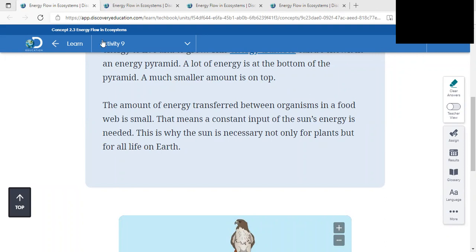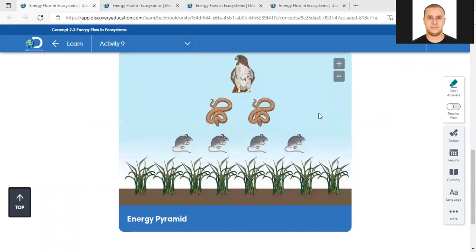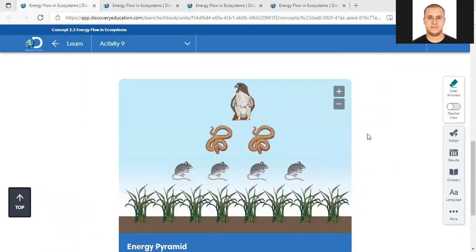Excellent, thank you. Okay, so in this chart right here, this is an energy pyramid. Do you remember the arrows? Where will the arrows point? We have producers like plants, then mice, then snakes, and eagles. So the arrows will point in which direction? Adam Khalid? Yes.